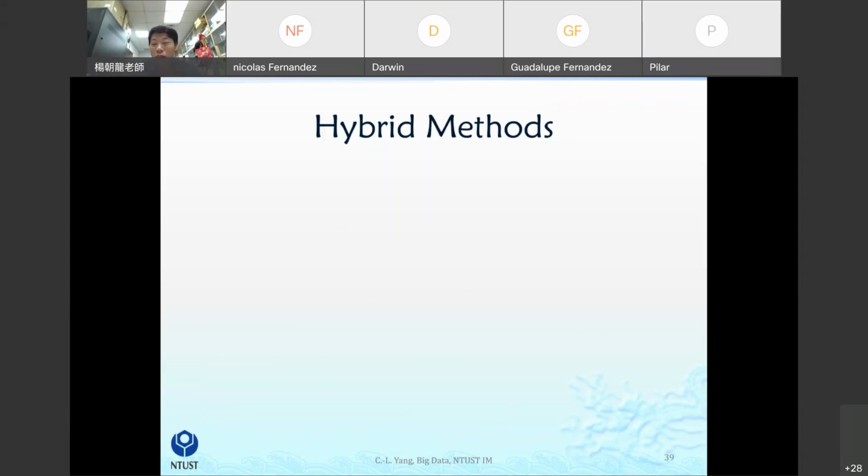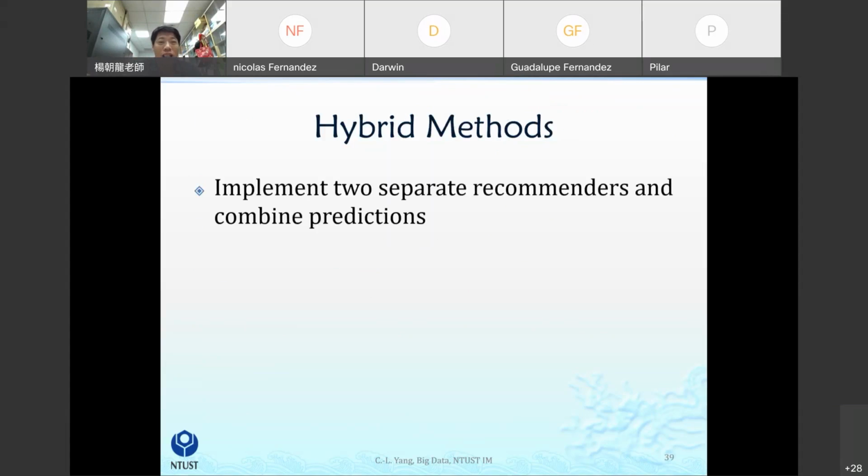And of course, after we introduce content-based and collaborative filtering, then we have the hybrid method. I mean, we combine all of that. We can implement two separate recommenders and combine the predictions. For example, one is content-based: you consider the user profile, item profile, and you can also use the rating.